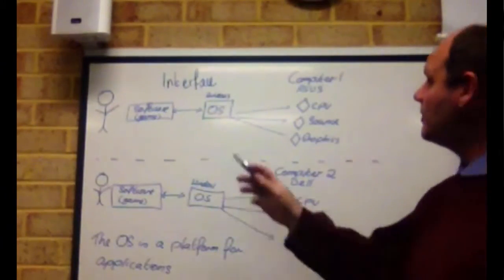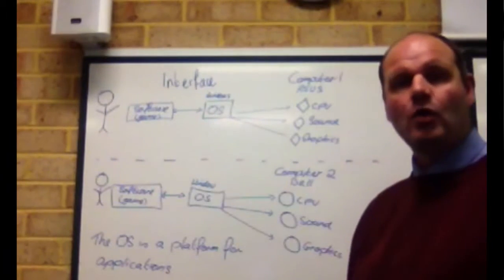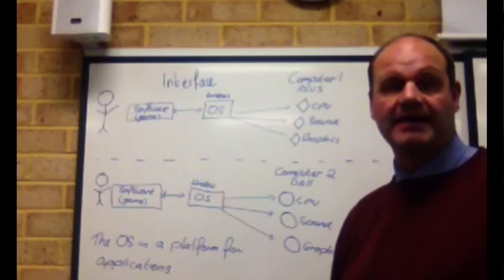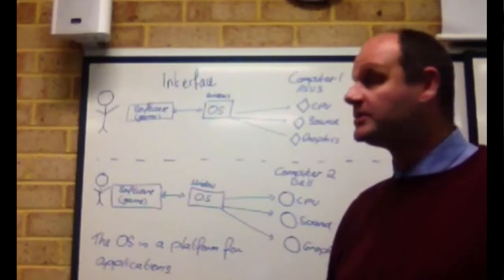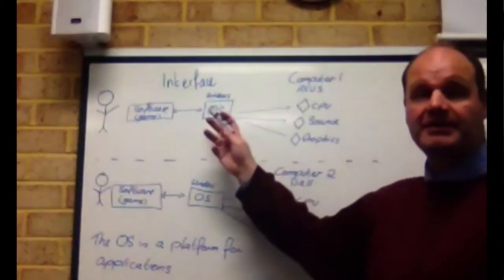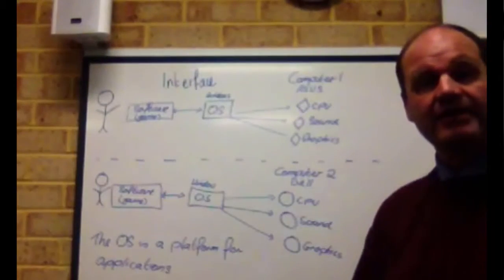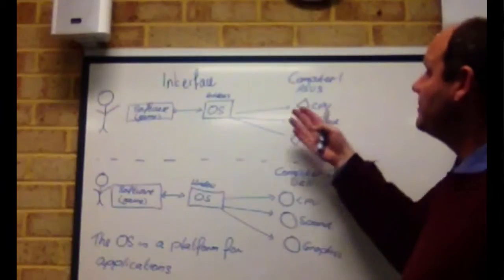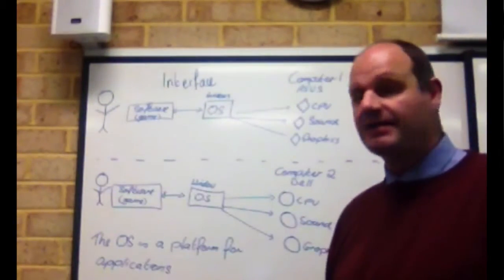As a result, the operating system is able to glean from the software what requirements are needed in order to make that particular software run and be displayed on a computer. The operating system will go and talk to the various hardware components to make sure that software can be played.